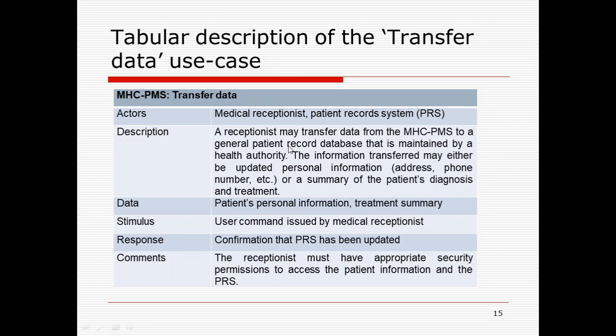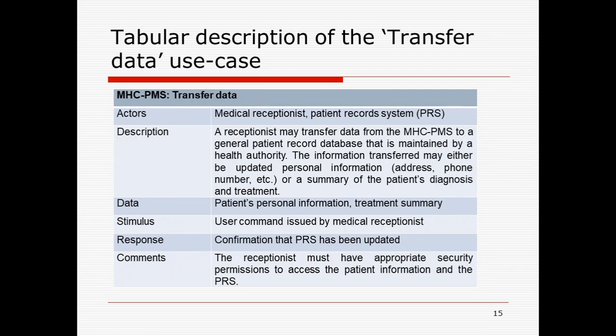The information transferred may either be updated personal information of the patients like address, phone number, etc., or the summary of patient's diagnosis and treatment. So those may be detailed information, the updated personal information of the patient, that may be transferred from the mental health care patient management system to the more general patient record system, or summary information of the patients can also be transferred.